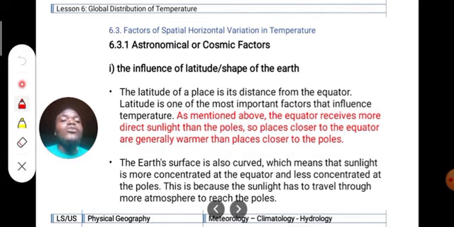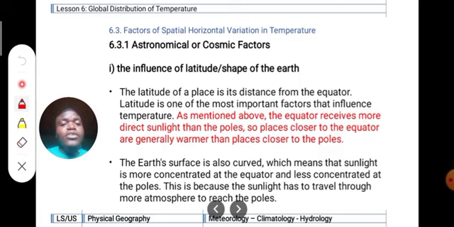Okay, now away from that general view, let's look at the factors that are responsible for the horizontal variation in temperatures. And under that, we shall start by looking at the astronomical factors. Under astronomical factors, we have, one, the influence of latitude and the shape of the Earth.